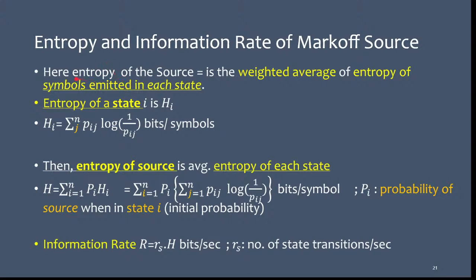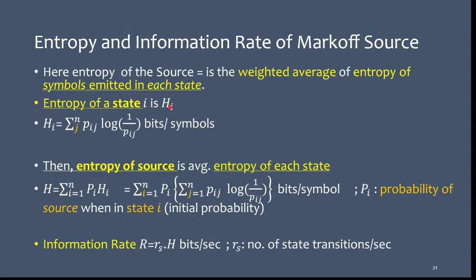Okay, now here the entropy of the source is equal to the weighted average of the entropy of the symbols emitted in each state. Now the entropy of the state i, so I'm talking about the state here. Please make a careful observation here. It's a state, entropy of the state i is Hi.